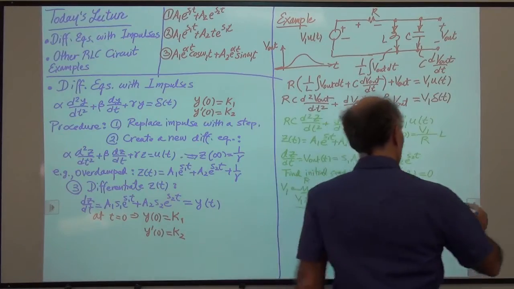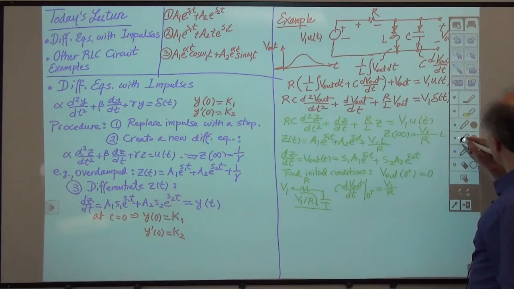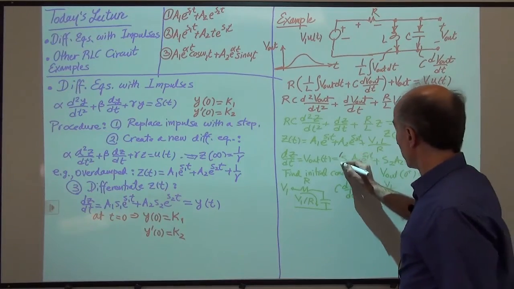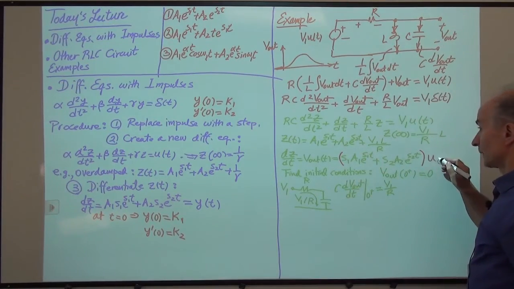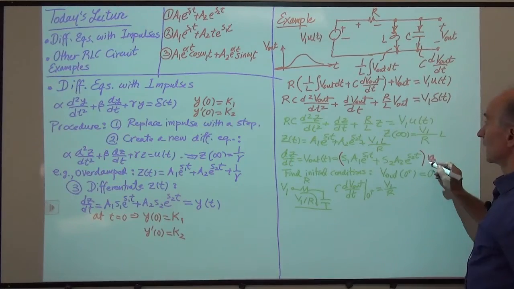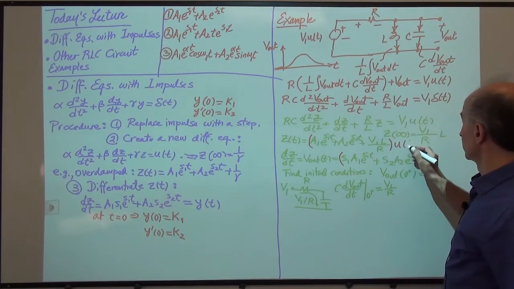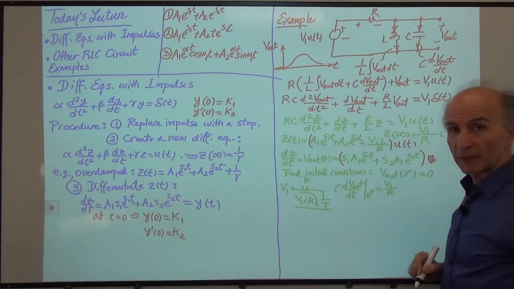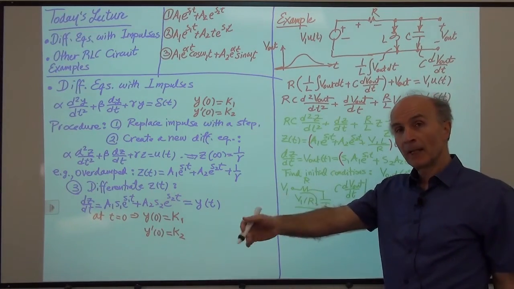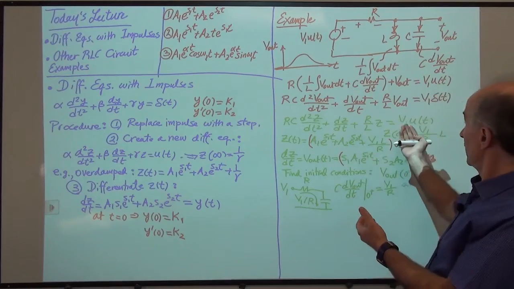So that means that I have to multiply this result by a step, u of t. Not this one, this one. Z of t has to be multiplied by u of t. Right? Because z of t is 0 before time 0, and then after that, in response to this step, it is doing something.